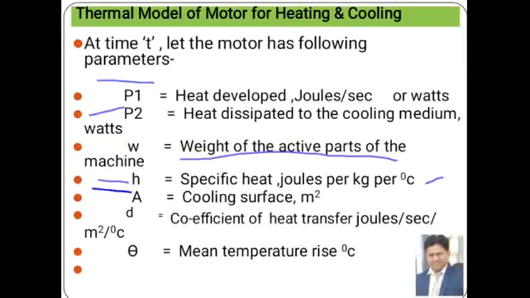Capital A is the cooling surface in square meters. Small d is the coefficient of heat transfer in joules per second per square meter per degree Celsius, and theta is the mean temperature rise in degrees Celsius. According to these, we can design the thermal model.